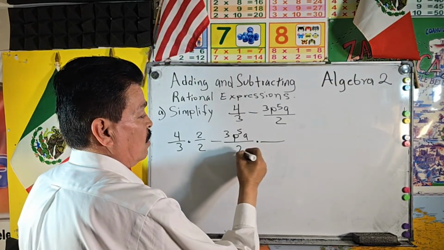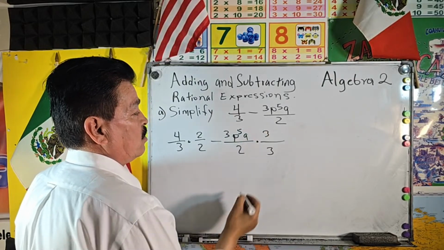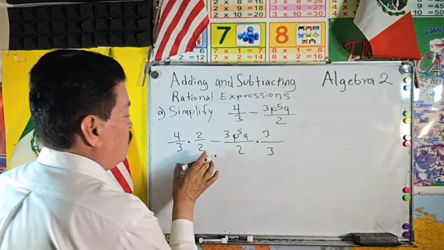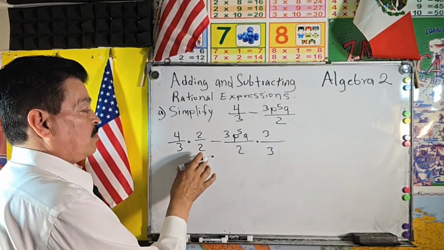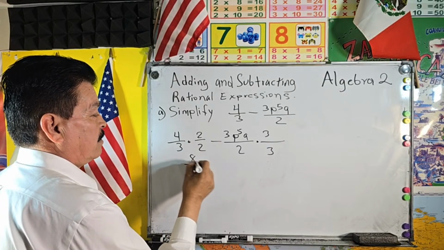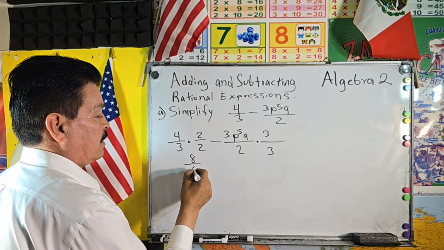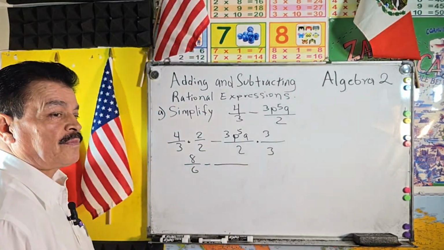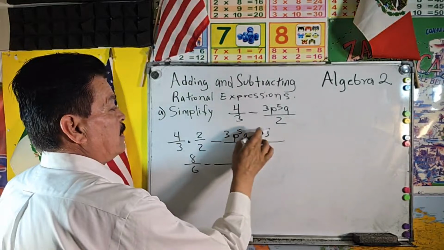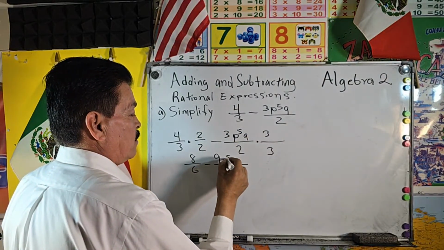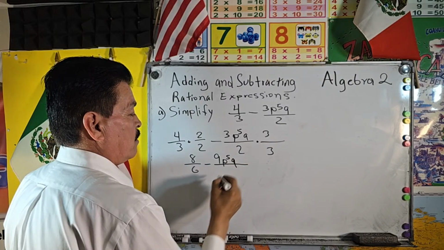So 3 here, so 3 on top, right? If you process this multiplication, 4 times 2 is 8, 3 times 2 is 6, minus 3 times 3 is 9, 9p^5 q.